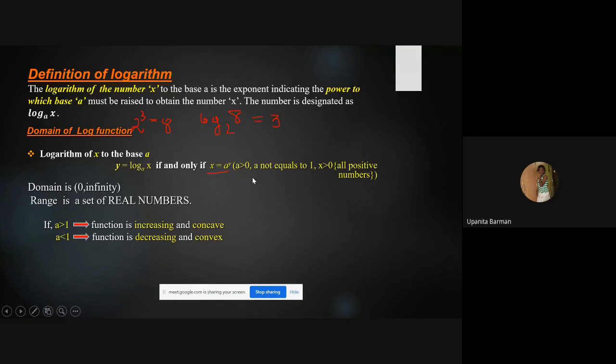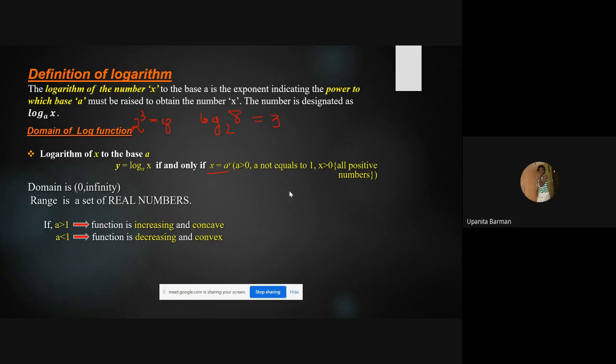It will be an imaginary number. a will not be equal to 1. If log 2 to the base 1 is equal to y, I don't think that is possible. Then we won't get a possible number. And x has to be greater than 0.